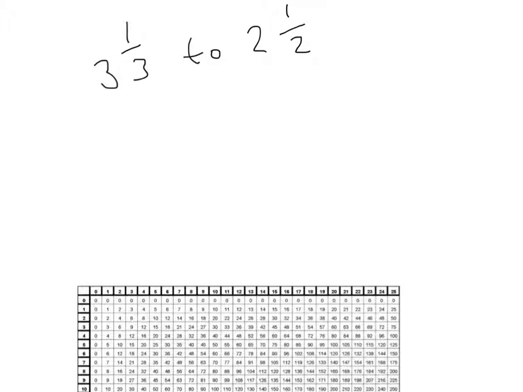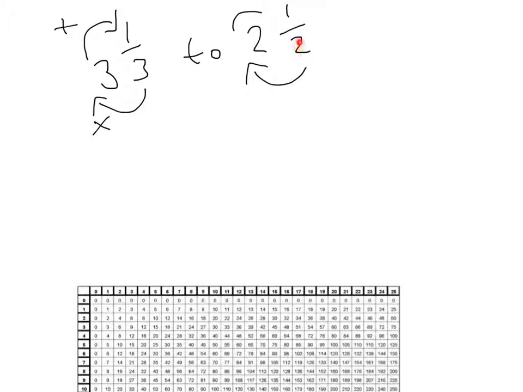Okay, so to convert these two fractions to a ratio, we need to convert the mixed numbers into improper fractions. Again, we know what to do. We times the denominator with the whole number, and then we plus that result to the numerator, and we do the same thing for the other one.